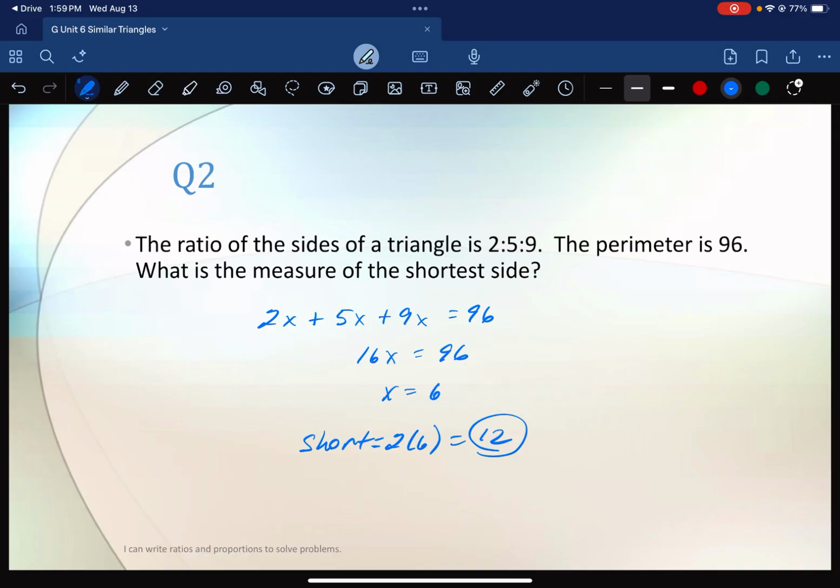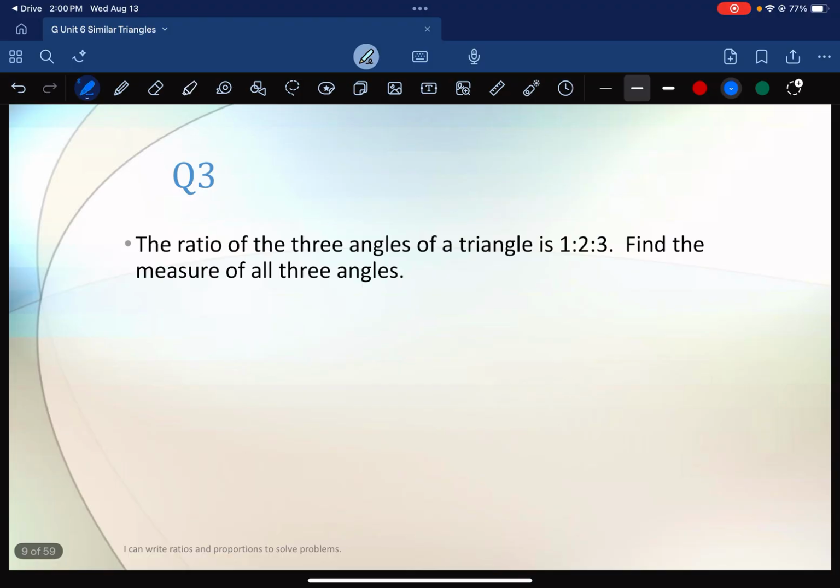So on this one, you need to make sure you go back and plug it in. 2 times x is going to be the smallest side, obviously, because we can't have a length that's negative, so it's going to be positive, and it'll be the smallest. Okay.